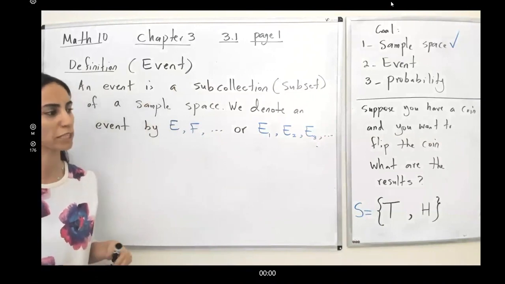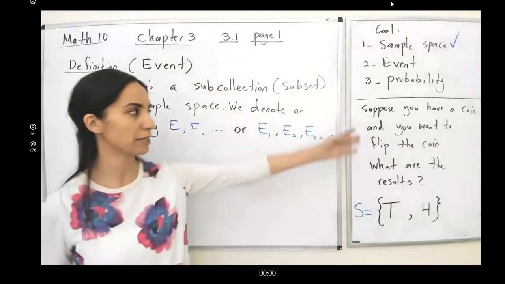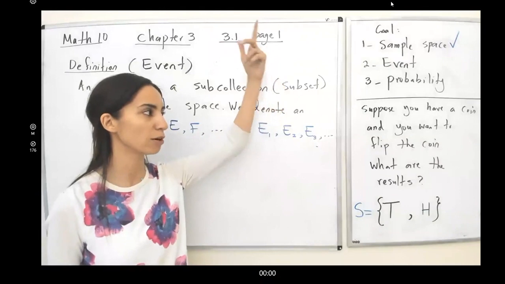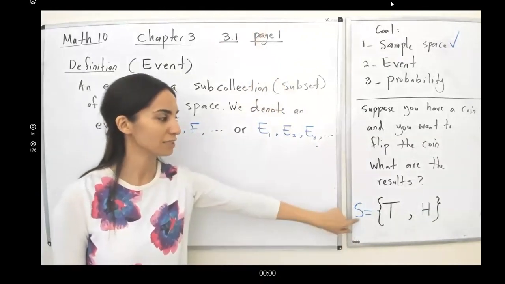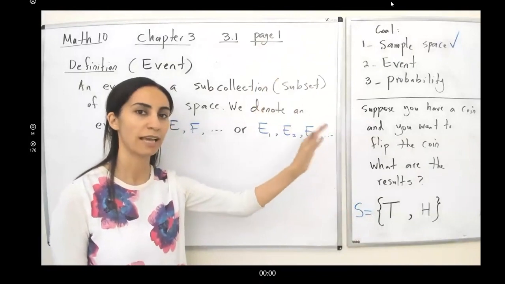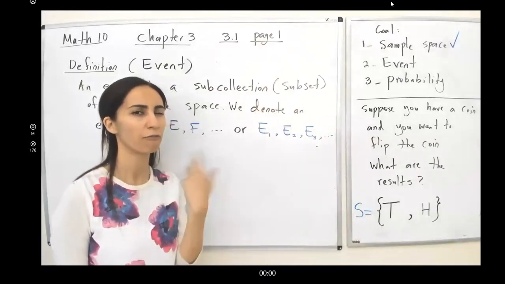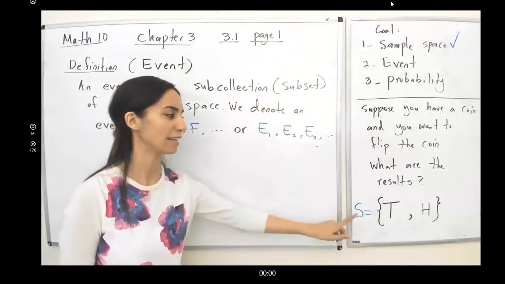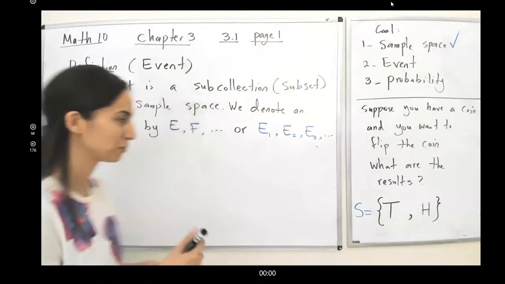Well, I expect you to ask, hey, in the previous example, flipping a coin, the sample space is a set including tail or head. What are the events in that sample space?